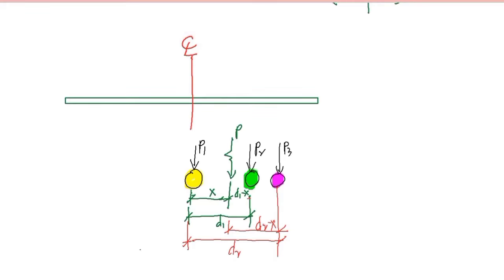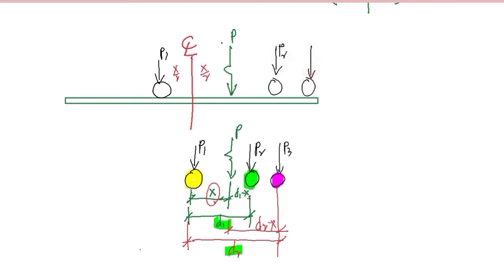So, this would be the location for the P1, and this would be the location for the P. And this distance here is just half of this distance, so this would be X over 2, and this would be X over 2. And of course, since fixed naman yung distance, no, na D1 at saka distance D2 nung dalawang gulong, then we can now determine the position of the P2 and of course the position of the P3.